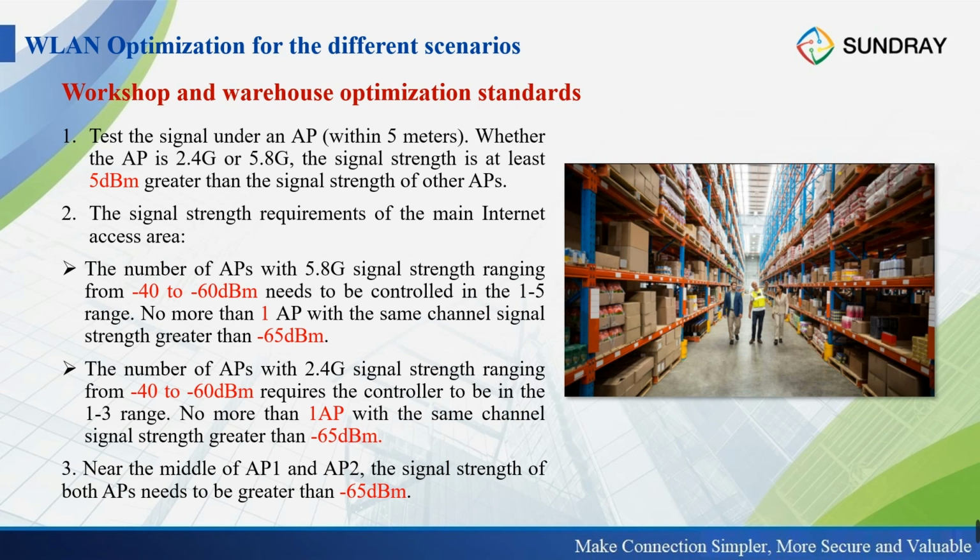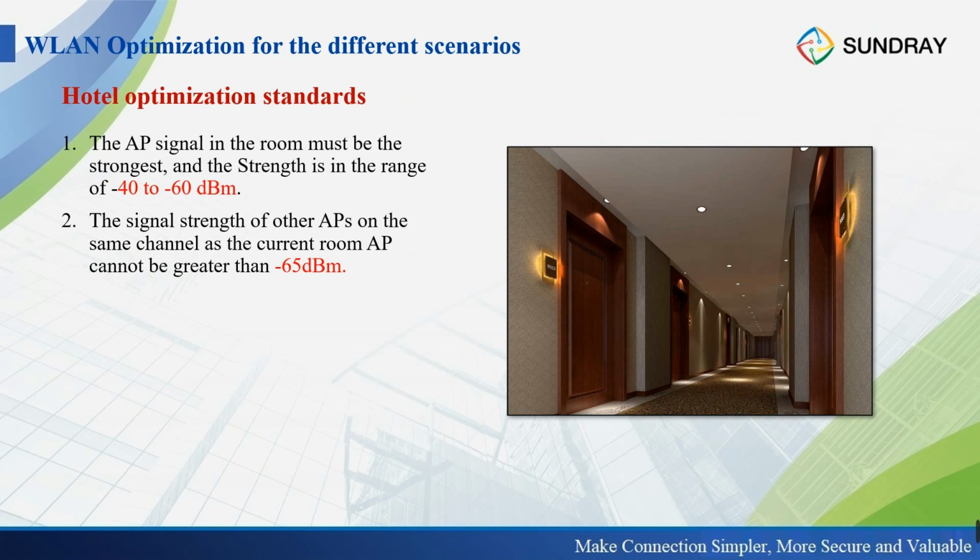This can make sure of good roaming. For the hotel, the recommended coverage strength is negative 40 to negative 60 dB, and the signal strength of the other APs on the same channel, maybe the signal coming from the other room, cannot be greater than negative 65.